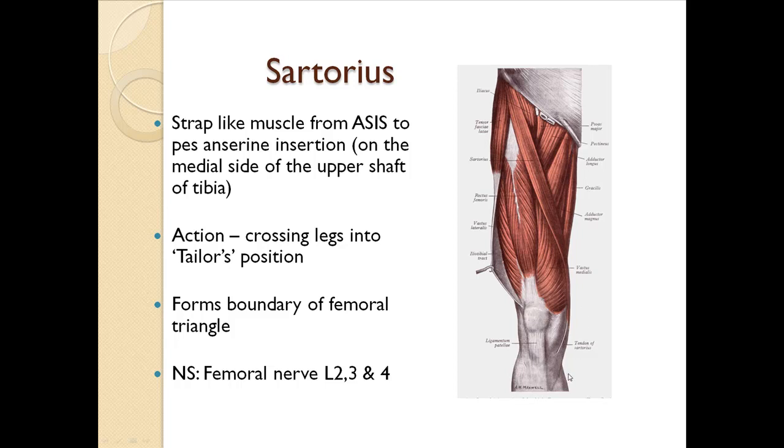So essentially the action of crossing your leg, so bringing your leg up onto the thigh on the other side. It's supplied via the femoral nerve, and it's important because it forms the lateral boundary of the femoral triangle.